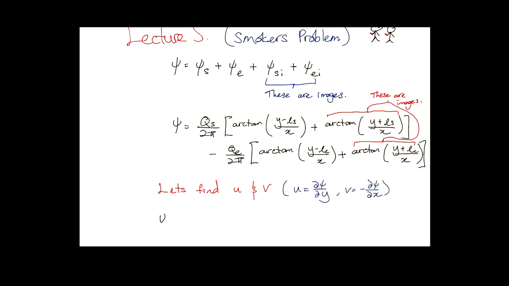So u is going to be del psi, del y, which is then equal to qs over 2 pi times 1 over... we have to differentiate arctan with respect to y. So we get (y minus ls) over x squared plus 1.